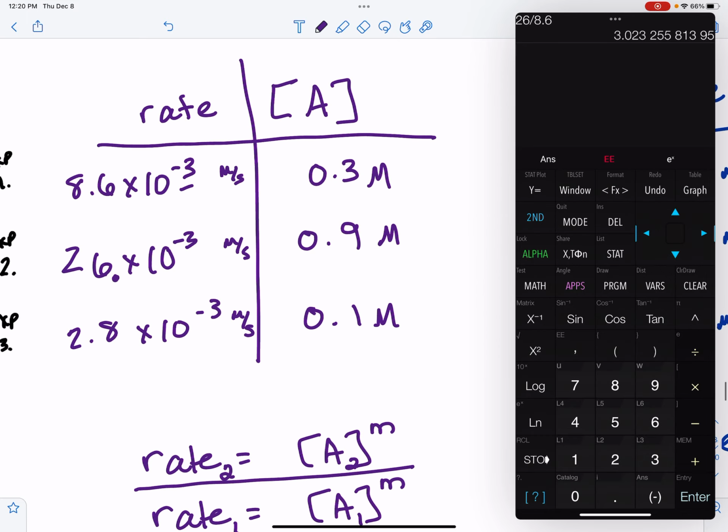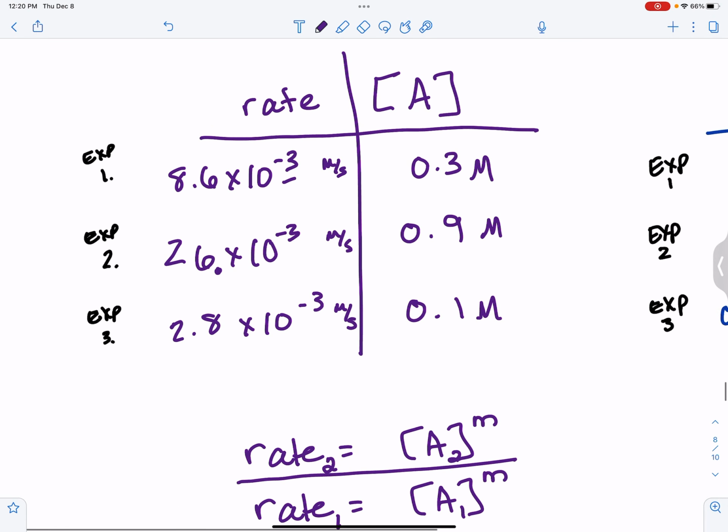Can you do this by inspection and bypass all the math? If you're good at it, yeah, you can. So if we look right here, you pick a set of changes that you can see fairly well visually. It might actually be easier to do this set of changes because that's a factor of 9.